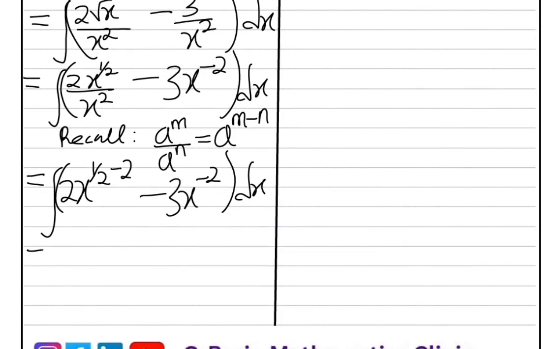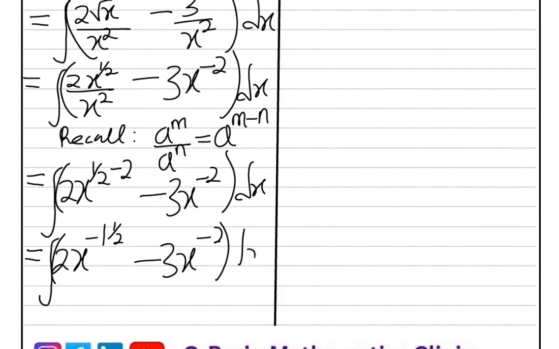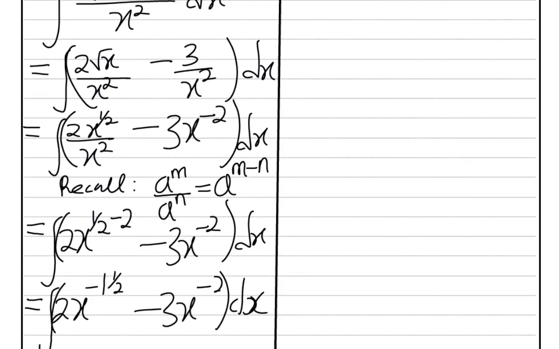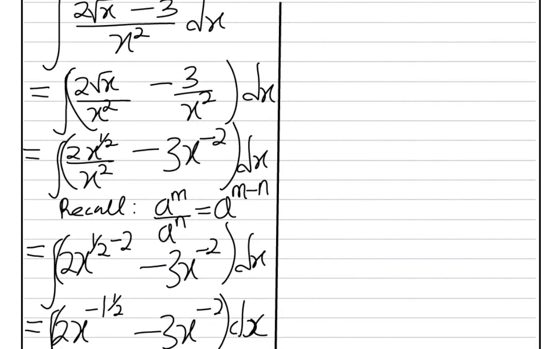Now, this is going to be equal to the integral, what do we have? 2x raised to the power of what? We have half minus 2. That is what? Minus 1.5. Then minus 3x raised to the power of minus 2. Now, minus 1.5 is the same thing as minus 3 over 2.